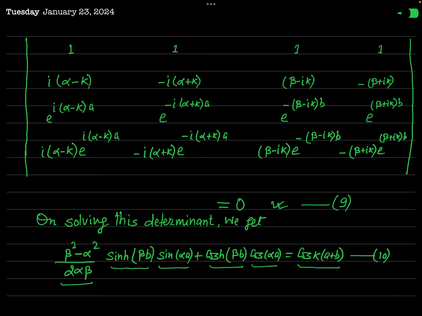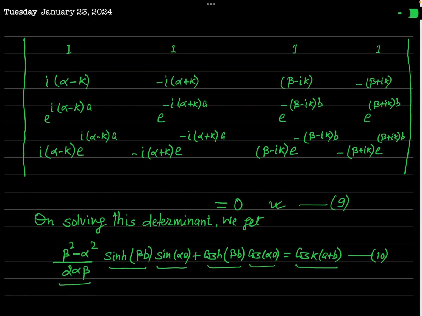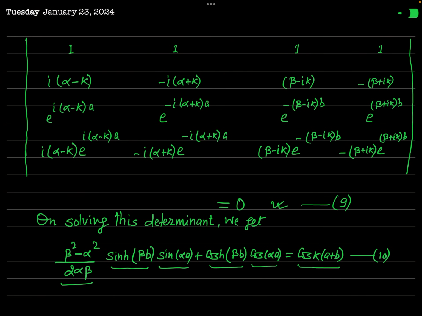This result is obtained after the solution of this determinant, and as I have told you, you must remember it. But how can this result be simplified, or what information do we get from it? This problem was solved by Kronig-Penney by considering a particular assumption.